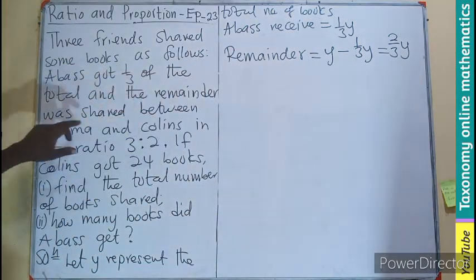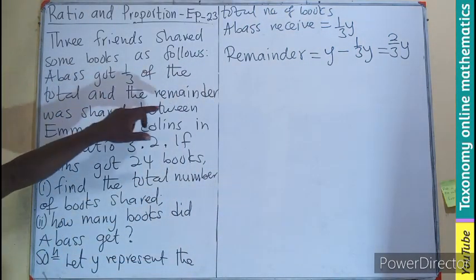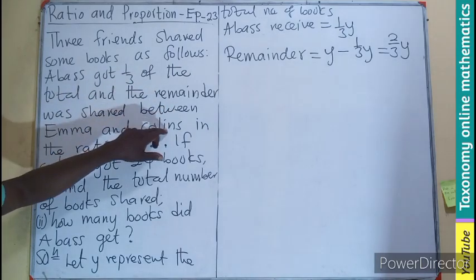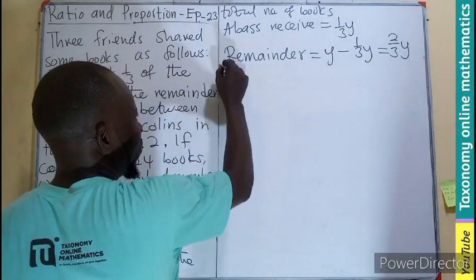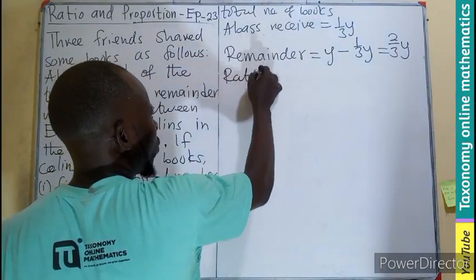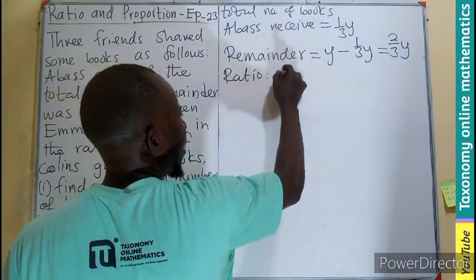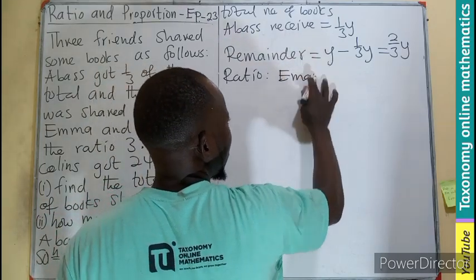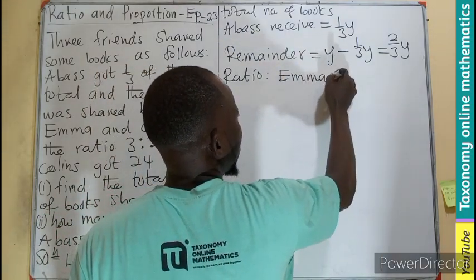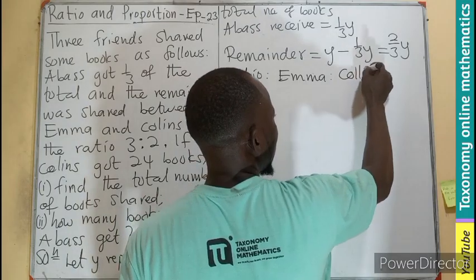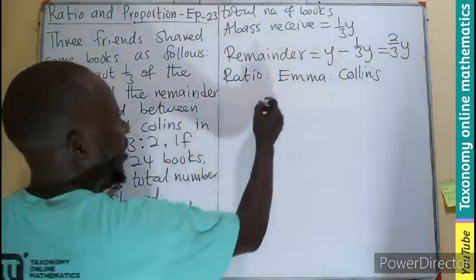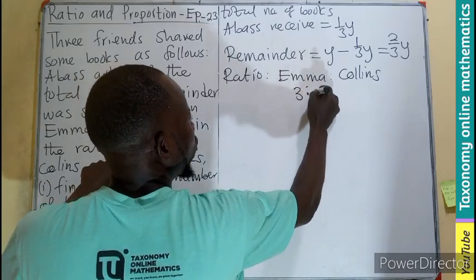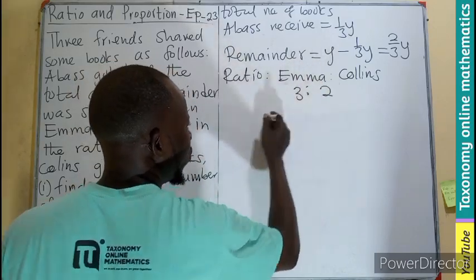So the remainder was shared between these people. We have our ratio as Iman is to Collins, 3 is to 2: 3 for Iman, 2 for Collins.